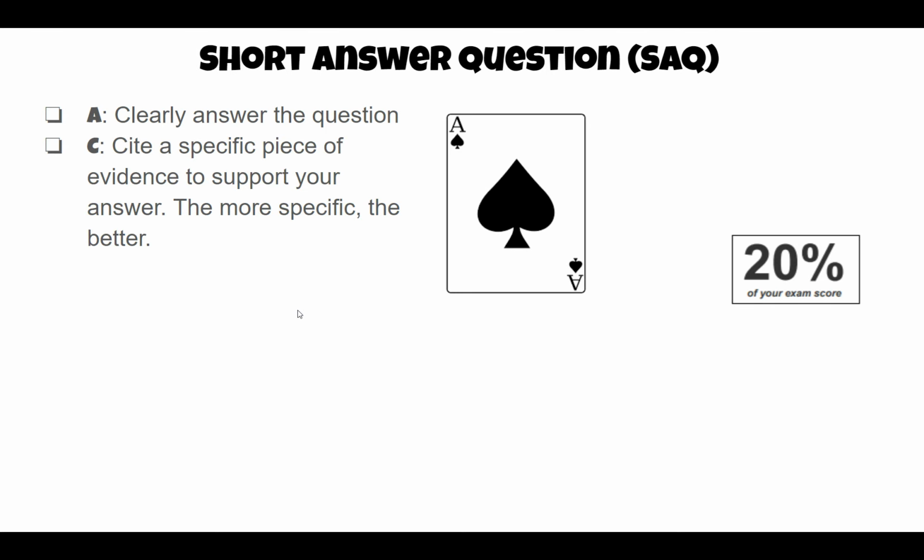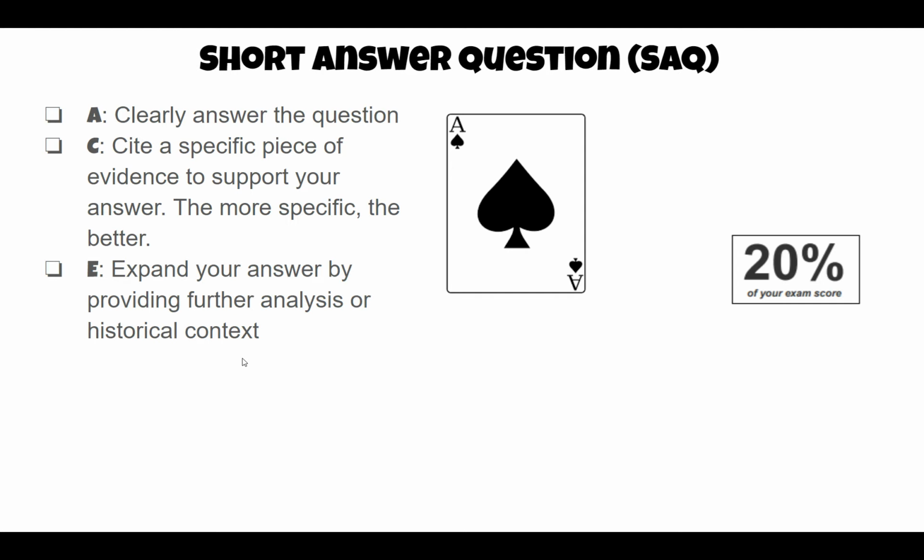You want to cite specific evidence so you can support the answer you provided in the A part of it. The more specific, the better off you're going to be. Finally, you want to expand your answer by providing further analysis or historical context.